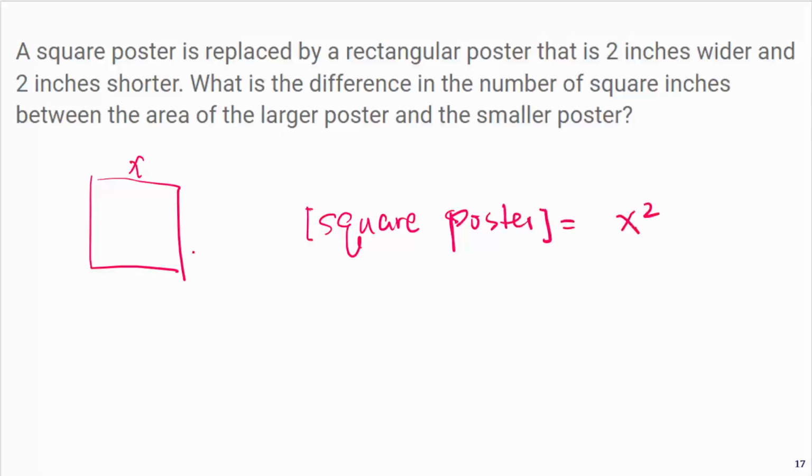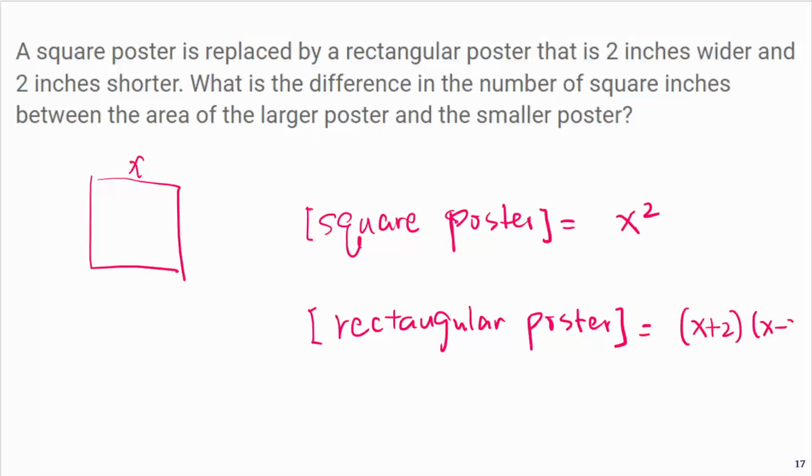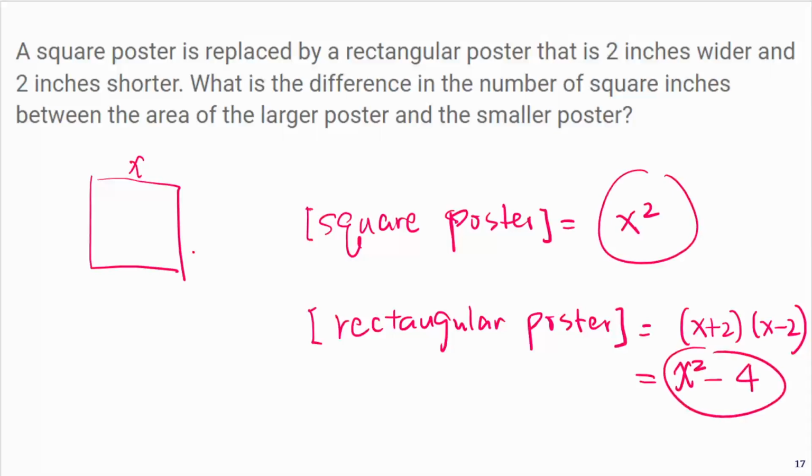And the area of the rectangular poster is given by the product of the height and width, which is (x plus 2) times (x minus 2), right? Can you follow me? And this can be simplified to x squared minus 4. Therefore, you can see that the area is reduced by 4 square inches, right?